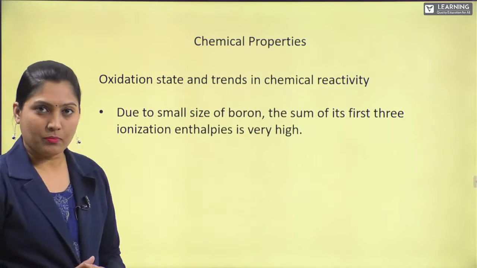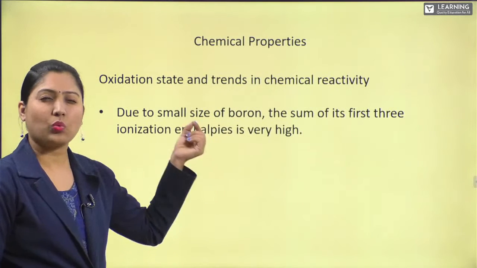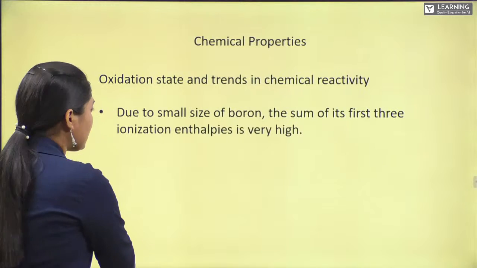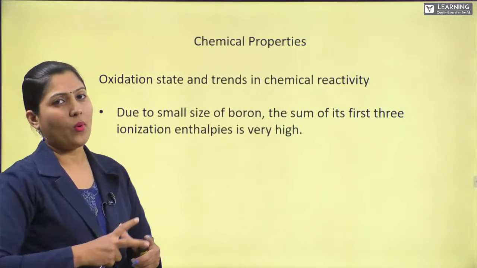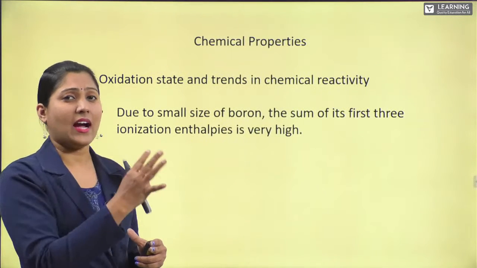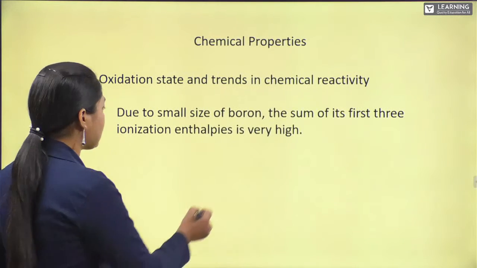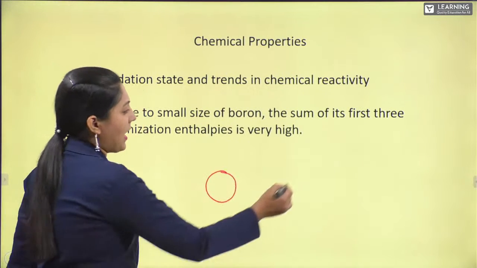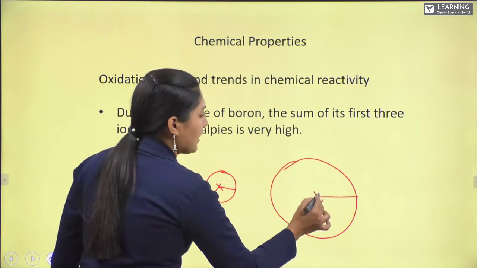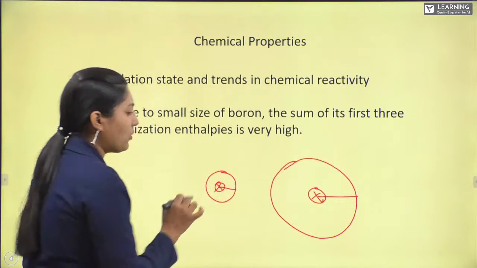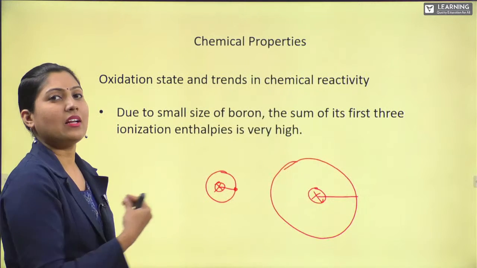Due to the small size of boron, the sum of its first 3 ionization enthalpies is very high. What is ionization energy? To remove the electron from the outermost orbit, we are providing energy, right? That energy is very high. Why? Because boron has a small size. The nucleus has attraction towards the electron available at a lesser distance.